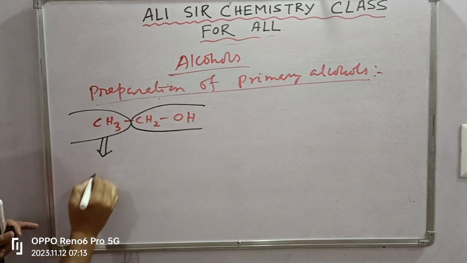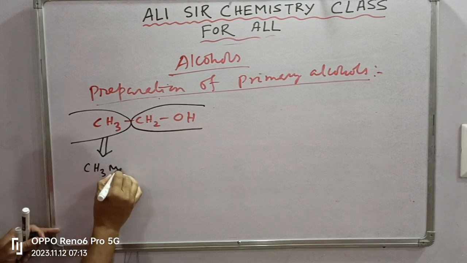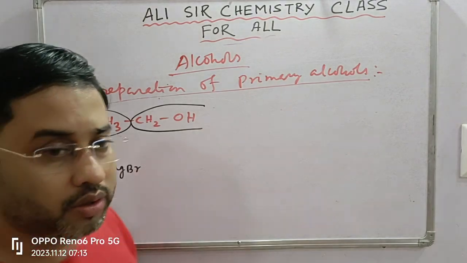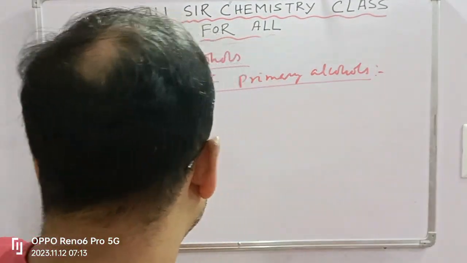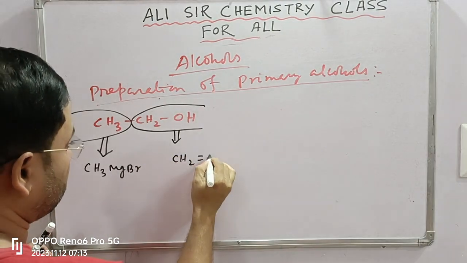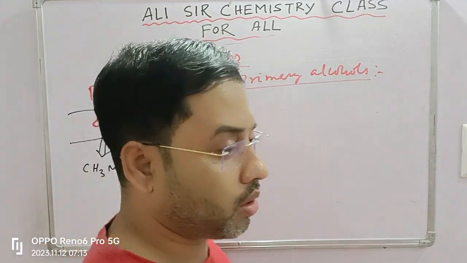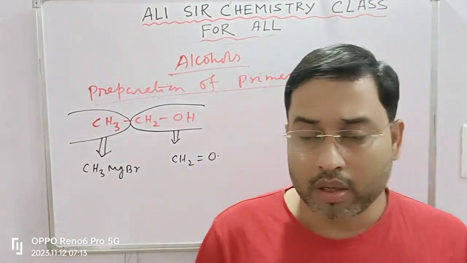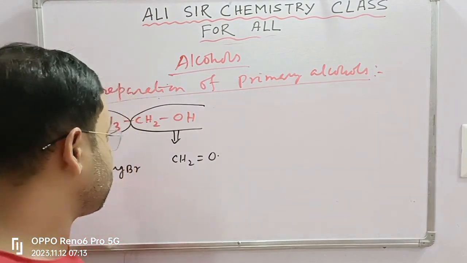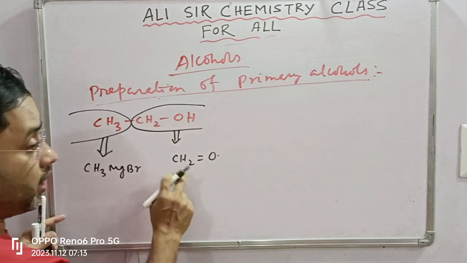So what will be the Grignard reagent? The Grignard reagent will be CH3MgBr or CH3MgI or CH3MgCl, it doesn't matter. And this part is coming from formaldehyde, CH2O. So you have already separated this alcohol into two fragments. One is the Grignard reagent, another is formaldehyde. The reaction will happen between this Grignard reagent and the formaldehyde.